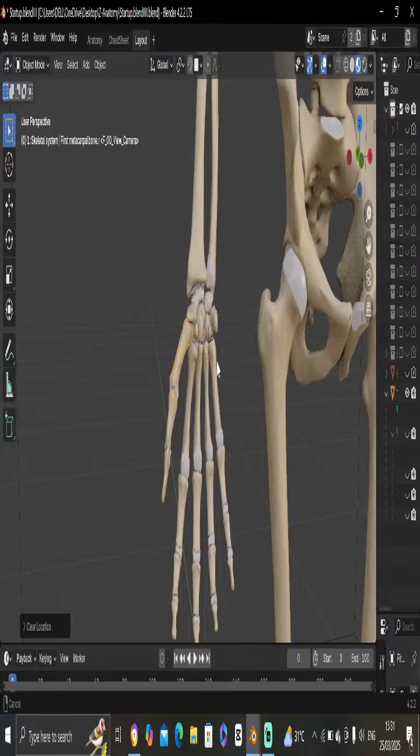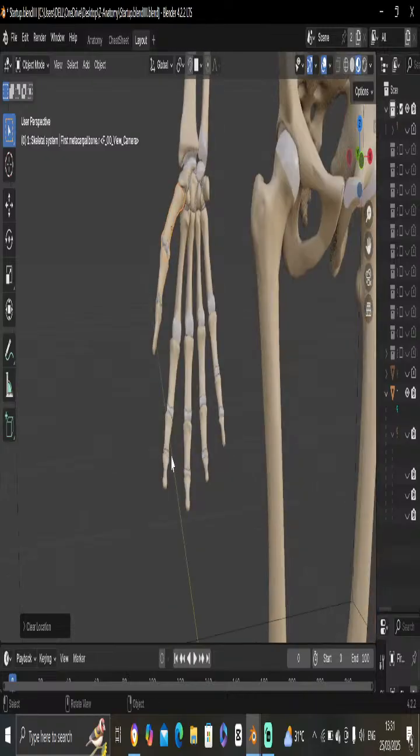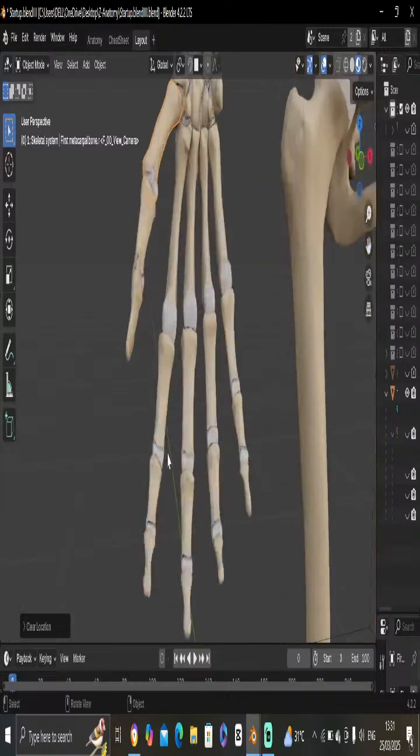Then we have the bones of the fingers, which are also miniature long bones. We call them the phalanges, or singular, the phalanx. The second finger to the fifth finger has 3 phalanges each: the proximal, the middle, and the distal phalanx.